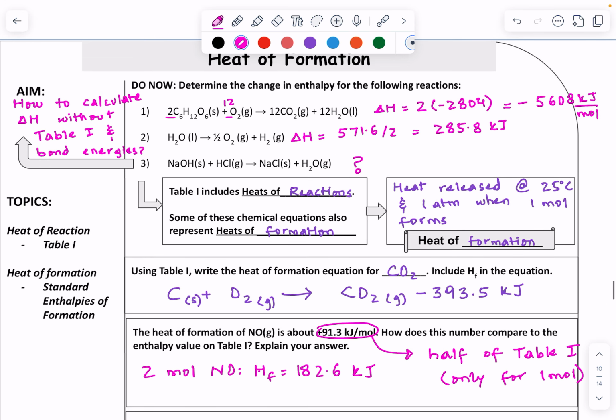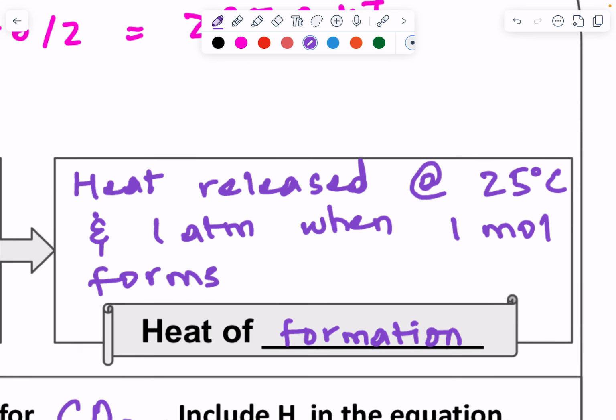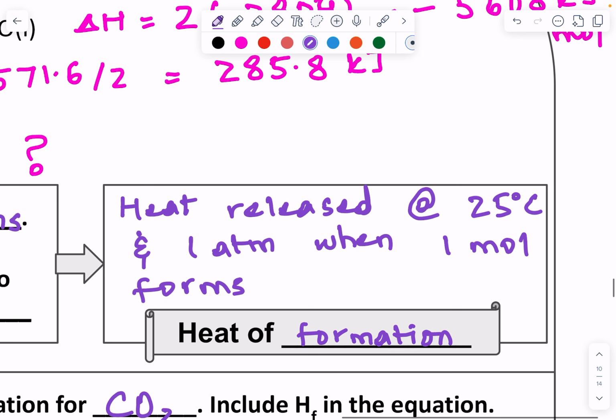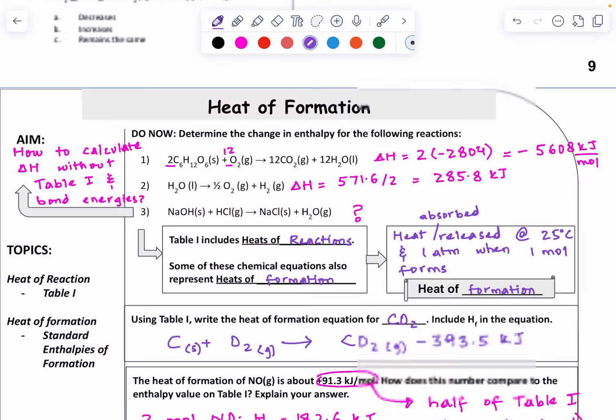But there might be some very, very extremely rare situations where a whole bunch of bonds are breaking, or maybe a whole bunch of bonds are forming, so the net change is not the regular one. So in that case, just so you are not confused about this, we can redefine heat of formation as the heat absorbed or released, just in case you do happen to see some of those examples anywhere.